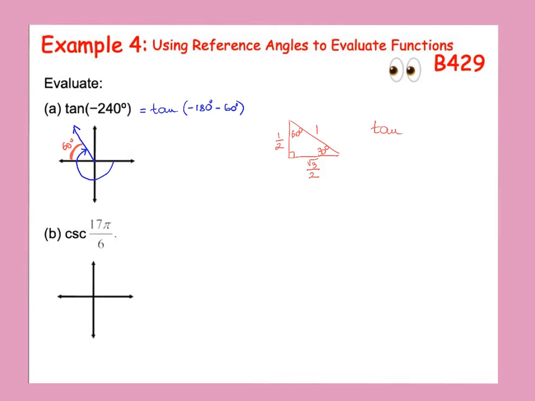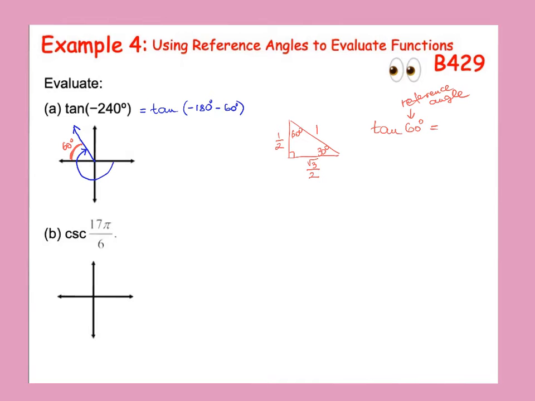So tangent of 60 degrees, because 60 degrees is my reference angle. So I'm going to write it down, reference angle. So I need to figure out tangent 60, which is going to be opposite over adjacent.